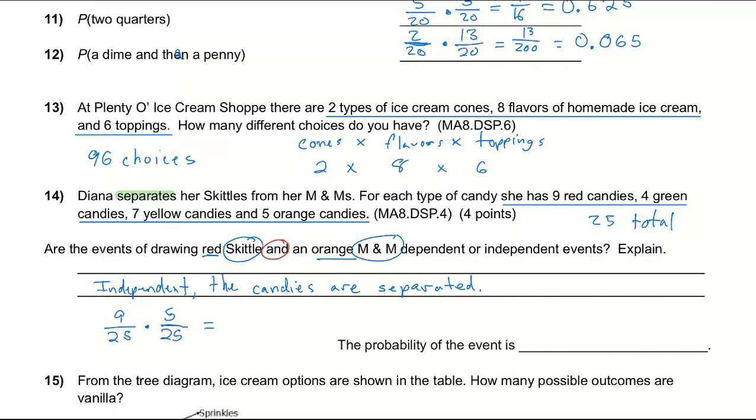And I get 9 over 125, which converts to 0.072. These are the answers right here.